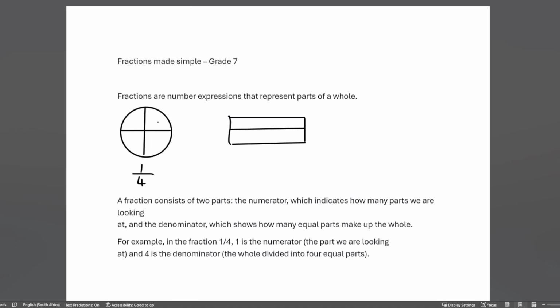So here is an example of 1 over 4. We have 4 equal parts here, which represent the denominator, which is 4. And then to get a part of the whole, we'll get only the 1 over the whole part. So meaning we will just color out this section to show that it represents the 1 over 4, correct?